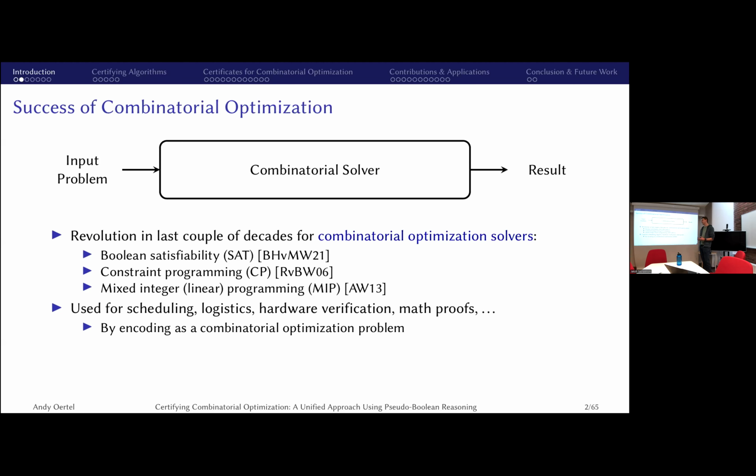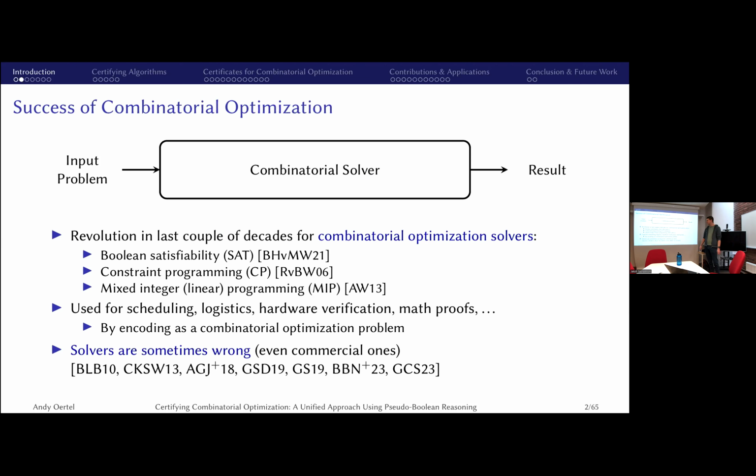Nowadays, this approach of modeling a problem with this very general language and solving it through very general solvers is used all over the place for scheduling, logistics, hardware verification, even proving mathematical theorems. So this idea is really big, and it's really nice to use.